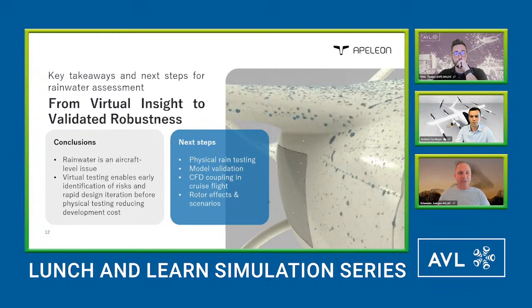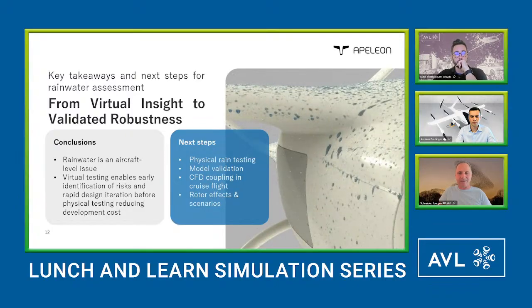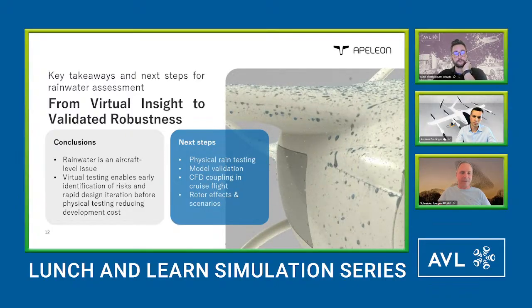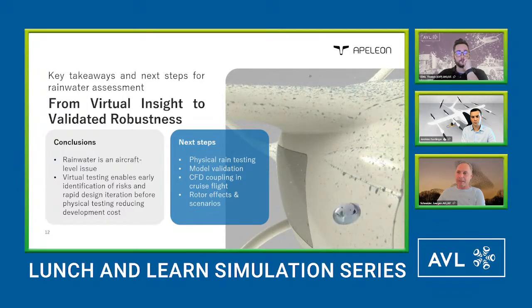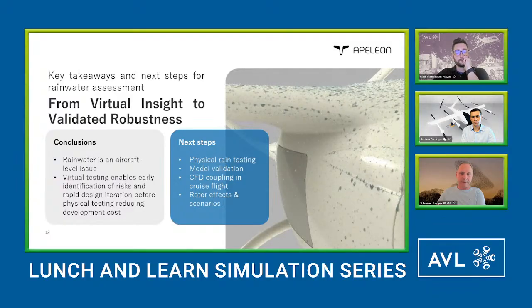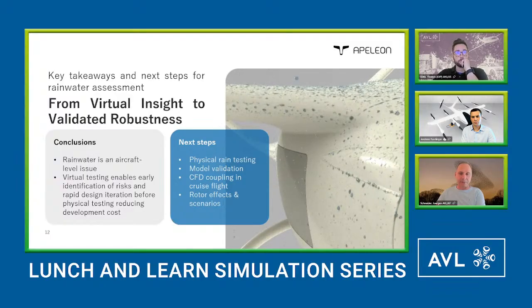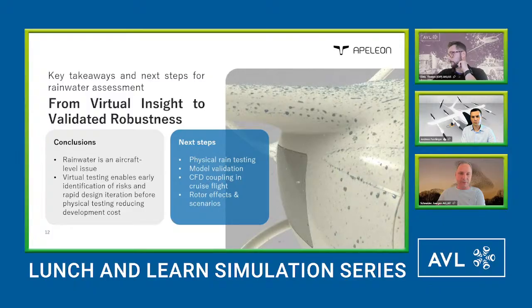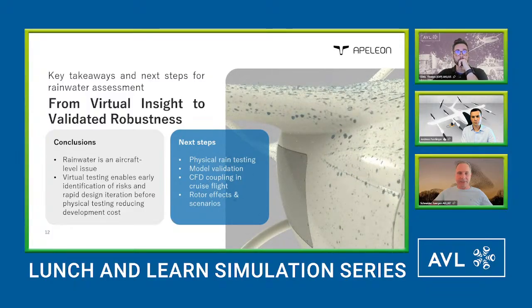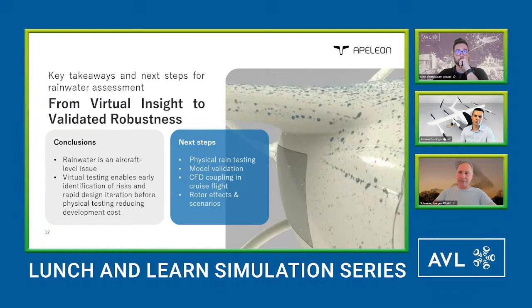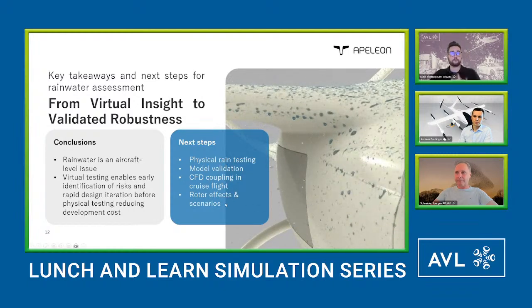But most of the time, of course, everyone is interested in validity or validation, but the real engineering task is to do first the prototype virtually, do design optimization there, and then go on to proving validity. But of course, we also can consider that. And next step, for example, would also be to consider rotor effects and those kinds of things. So just as a quick outlook, that's also on our roadmap.